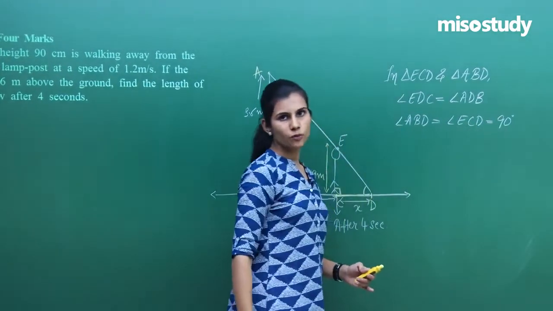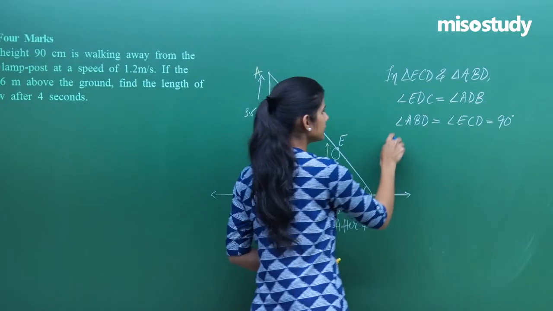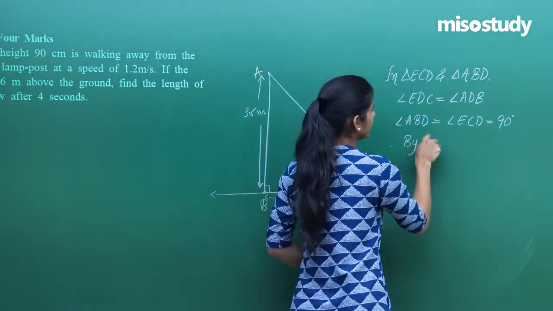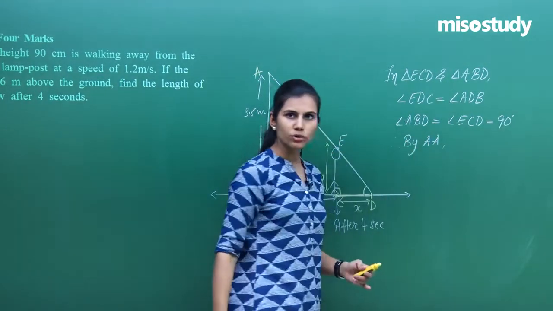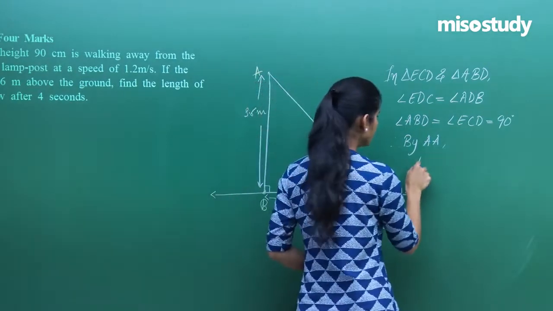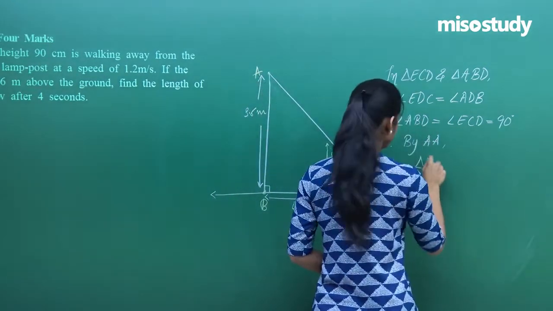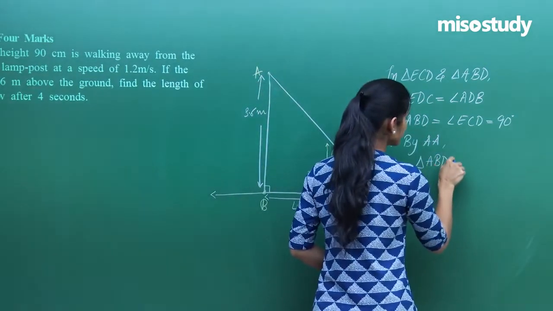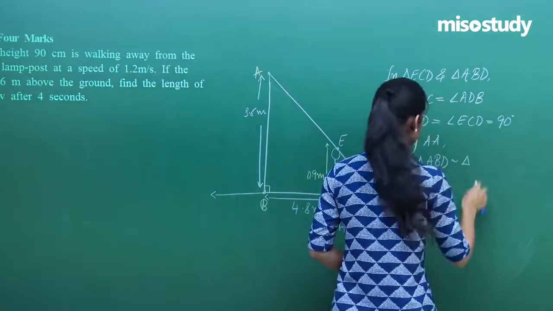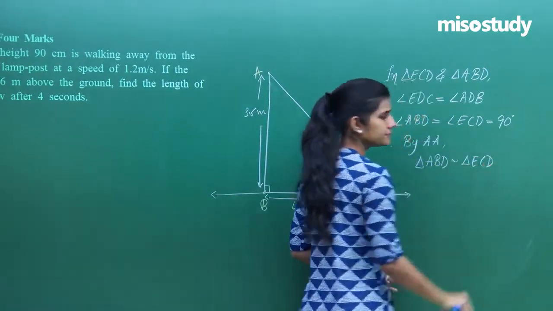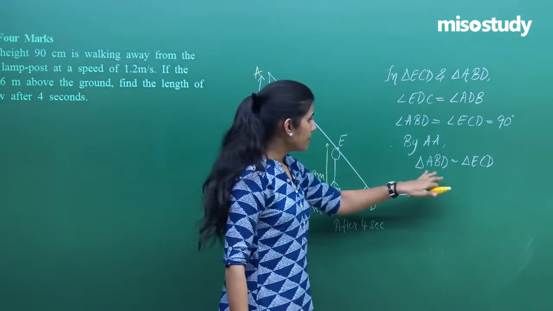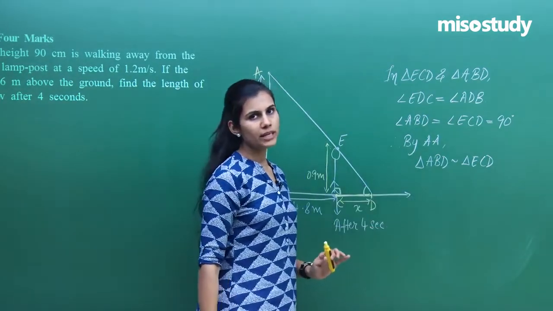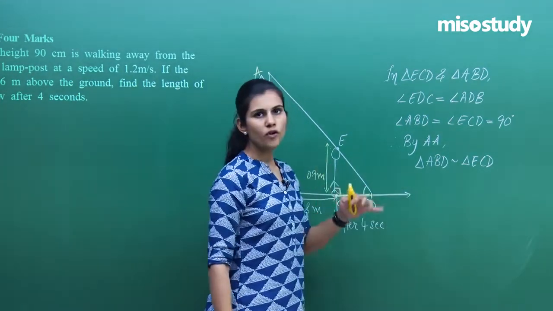So if two angles of one triangle are equal to two angles of the other, by AA similarity criteria, both the triangles are similar. Triangle ABD is similar to triangle ECD. The moment they are similar, their corresponding parts are going to perform a certain relation.